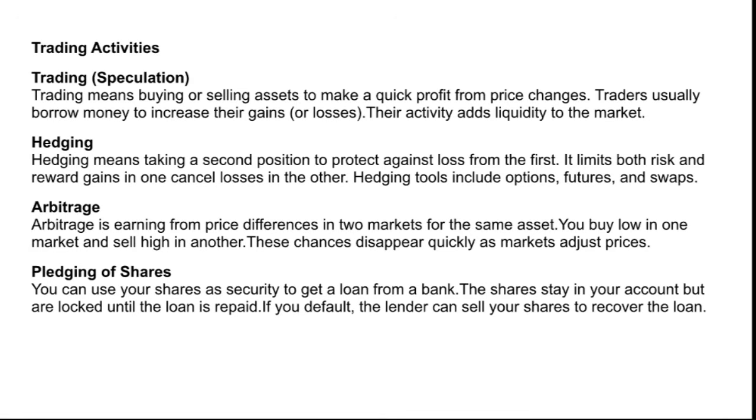You can put the securities and tell the bank, okay, give me a loan against the securities, and when I repay it, give me my securities back. Or else, if I don't repay my loan, you can sell the securities and recover the bank loan. Okay, it is just like any pledging. You can pledge gold ornaments also these days. So it depends on you what you want to pledge. So pledging of shares is also possible.